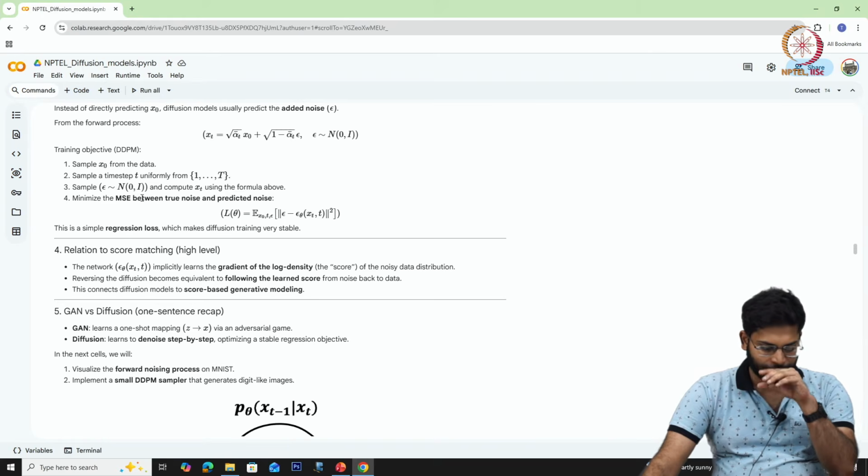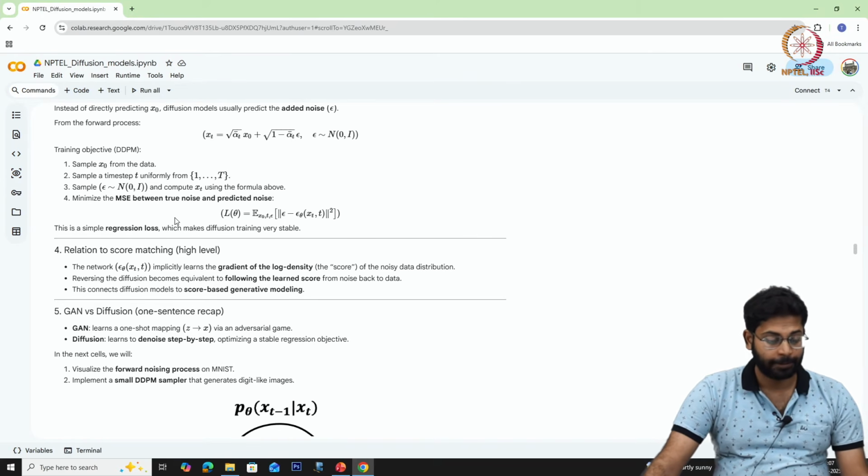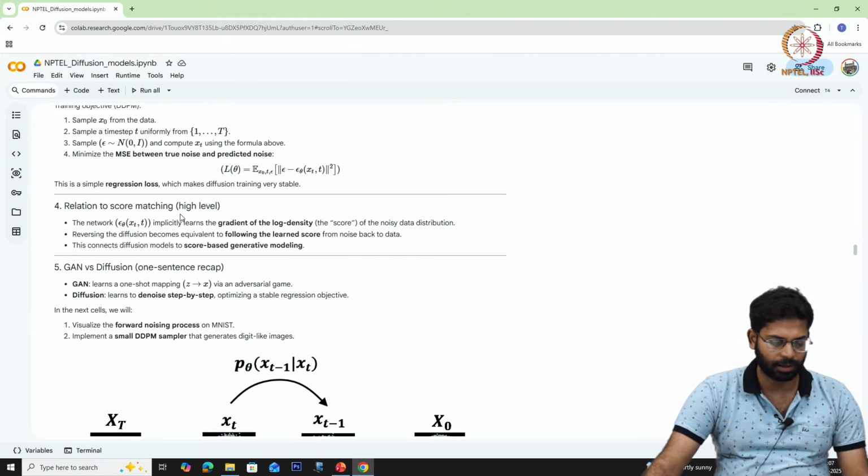So how do we know the true noise? The true noise was obtained during the forward process. You are noising it, right? So during the reverse process you want to estimate that correctly. So you employ a mean square error loss between the true noise and the predicted noise, a simple regression loss.